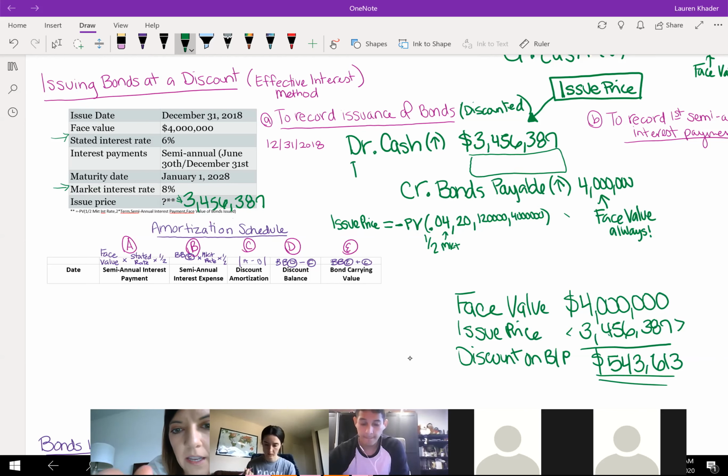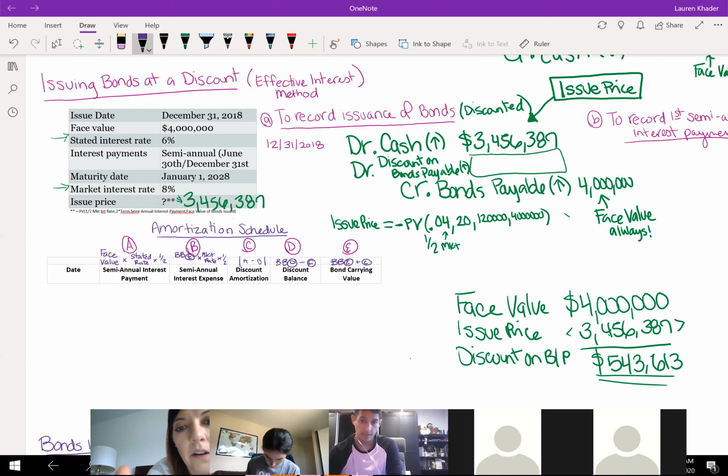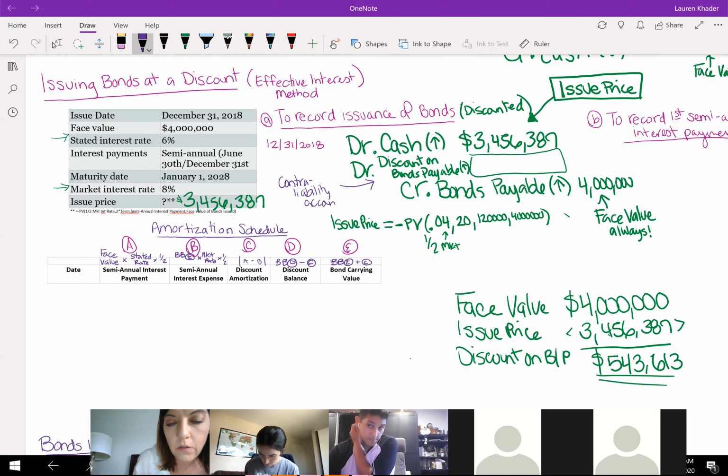My last thing is going to be a debit to discount on bonds payable. Discount on bonds payable is technically a contra liability account, so it has the opposite balance of normal liabilities, a normal debit balance.